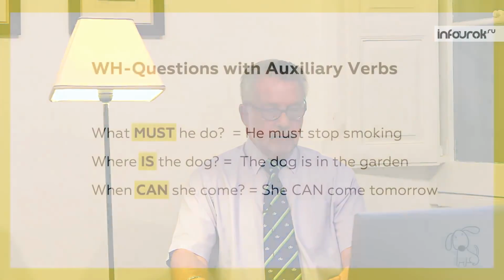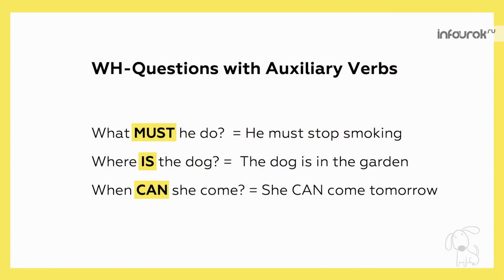So let's have a look at the sentence with must. What must he do? If you notice, must comes before the subject and follows the WH word. So the order is first the WH word, then the auxiliary, then the subject, and then the verb.